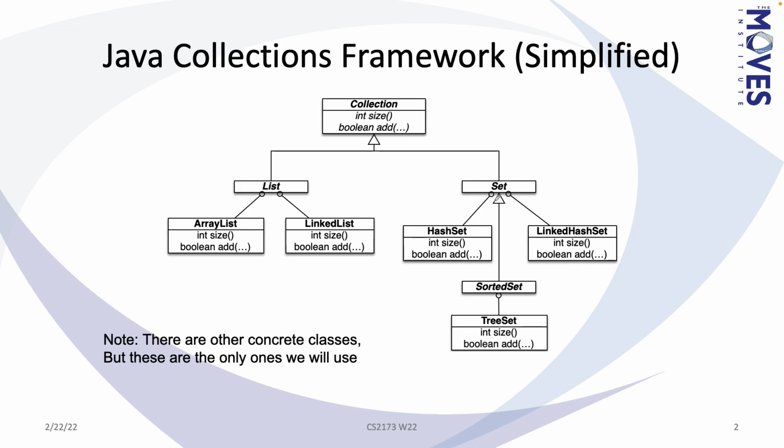So if I put 50 items into a list and I take 20 out, then I'm left with a list of size 30. Whereas with an array, a Java array is just very, very rigid. If I create an array of length 50 and I only set 30 of them, I still have an array of size 50. Whereas if I've used a list, then a list will expand or contract as I put things in or take things out.